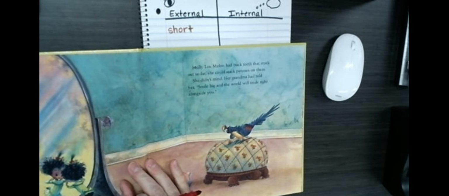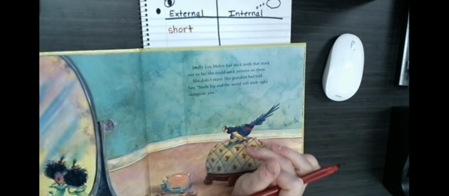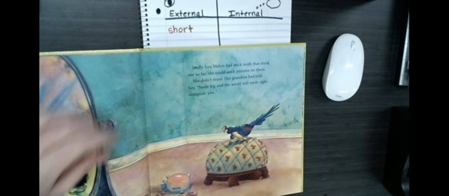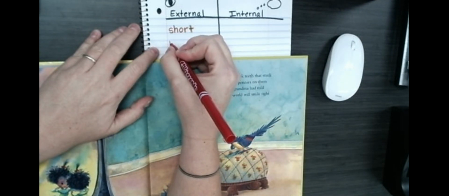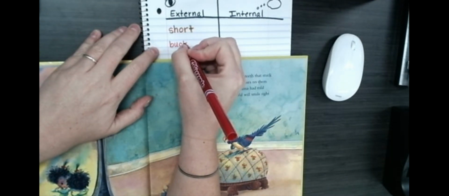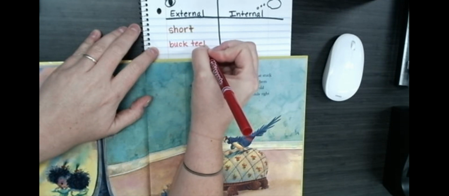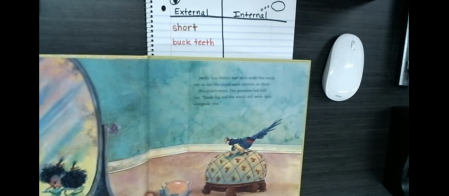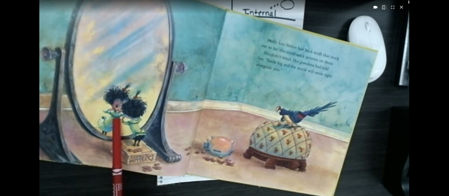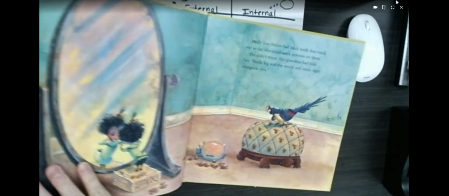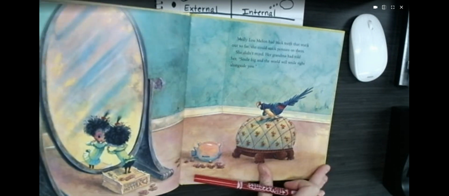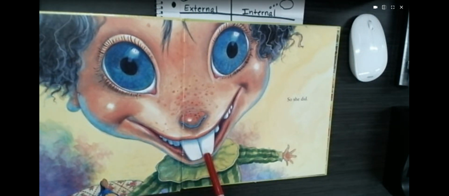Let's see if we can find another external character trait. It says Molly Lou Melon had buck teeth that stuck out so far she could stack pennies on them. So Molly Lou had buck teeth. That's something that we can see. You look at this picture right here, you can see her buck teeth.